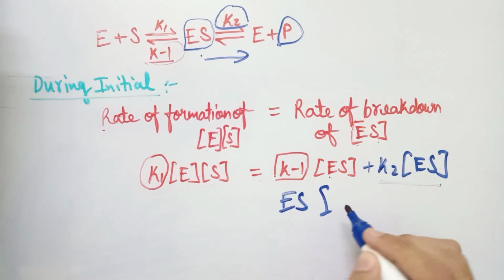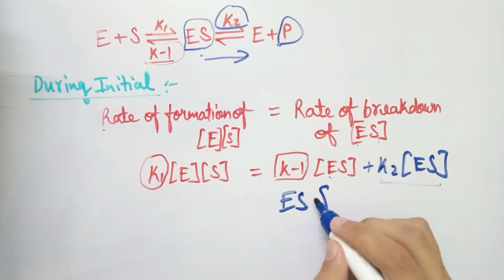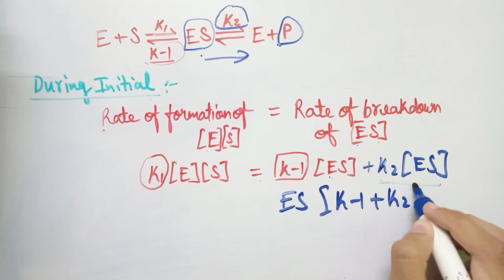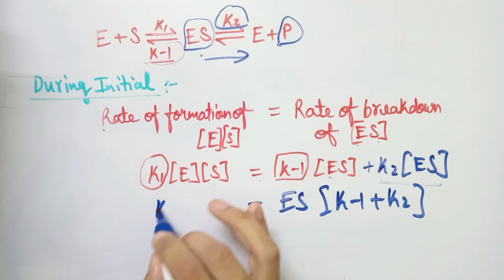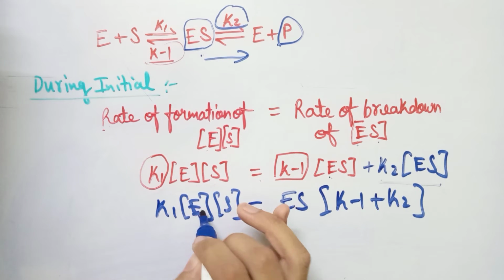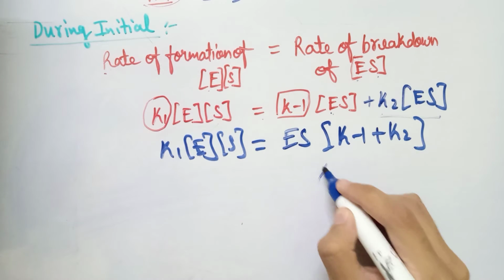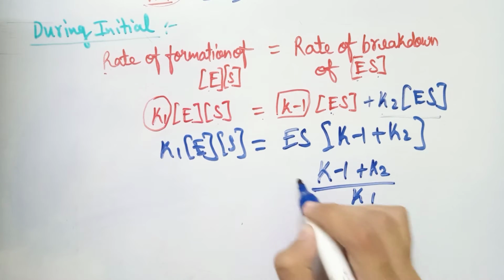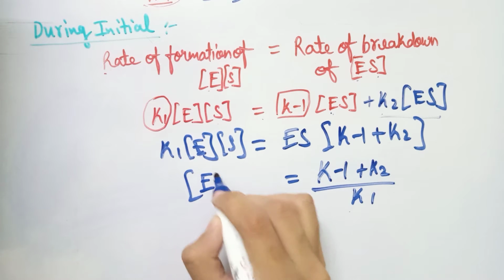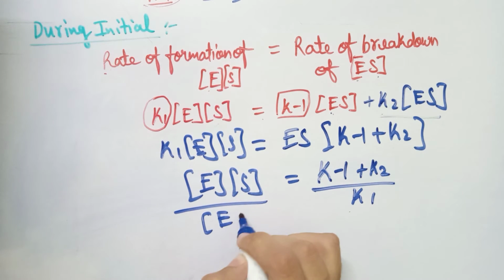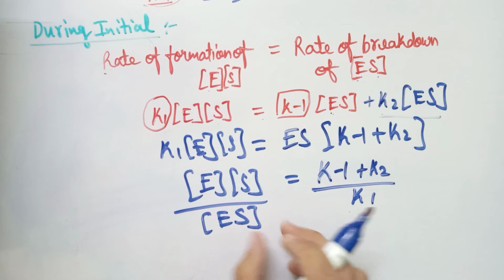The equation becomes: ES becomes common and K minus 1 plus K2 comes here. Now this K1 comes here, so this becomes K minus 1 plus K2 by K1, and this becomes this, with the enzyme substrate complex concentration here.